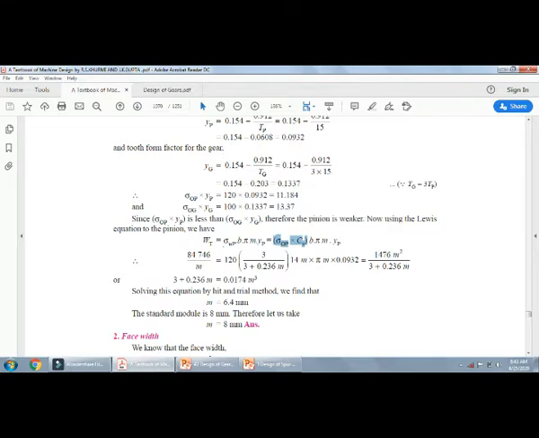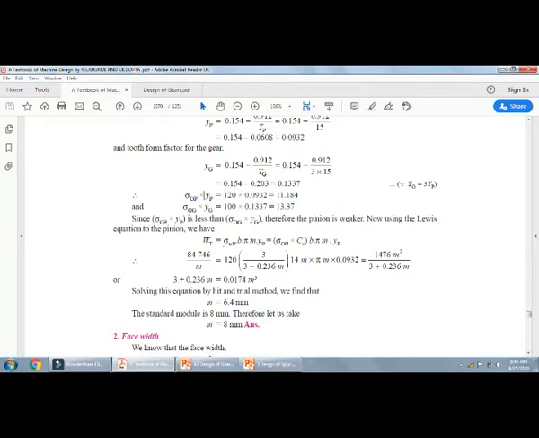Now for this one we need a sigma naught for pinion. So, first of all we will check the product of sigma naught for pinion into y for pinion and sigma naught for gear into y for gear, whichever is weaker, which will be the less, we will select that value. It means we are going to calculate these two products.